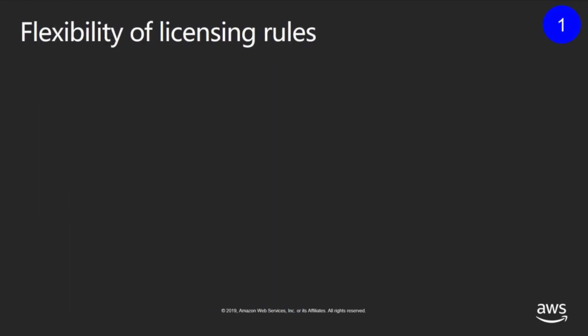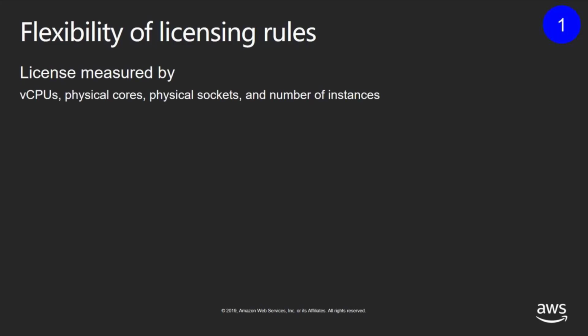Administrators get flexibility of defining rules based on their vendor agreements. When defining licensing rules, administrators can specify how licenses should be measured. Customers can manage any license which is based on vCPUs, physical cores, physical sockets, and number of instances.